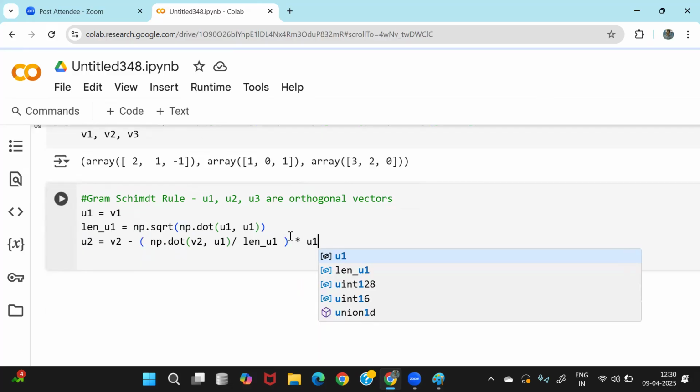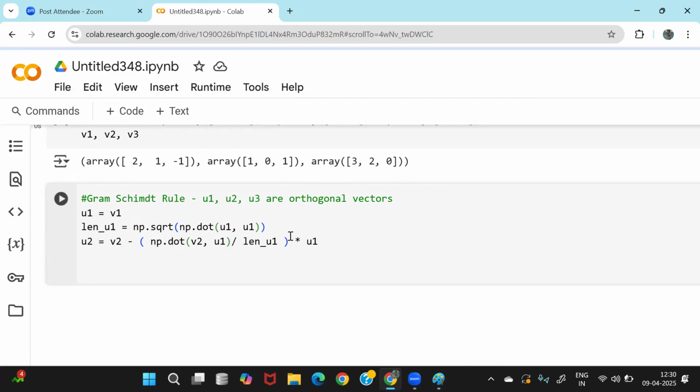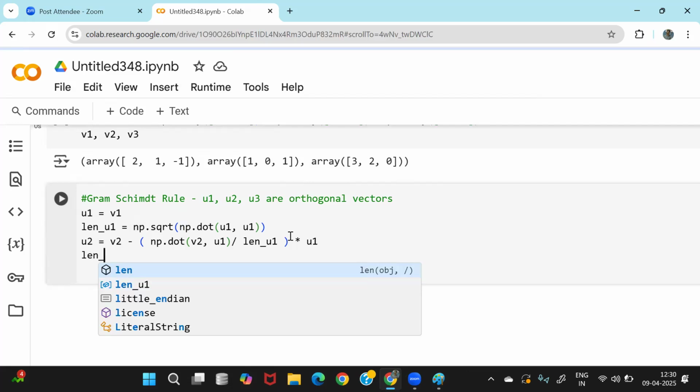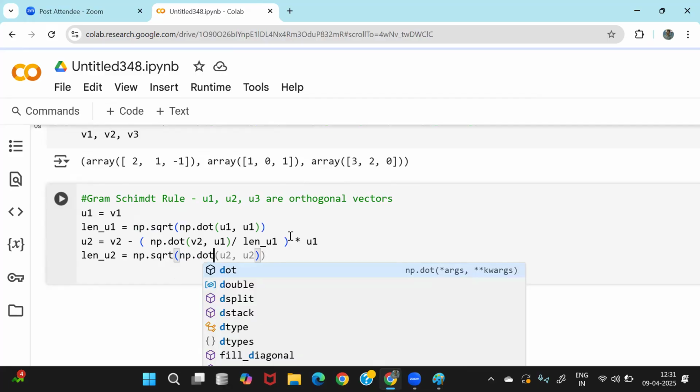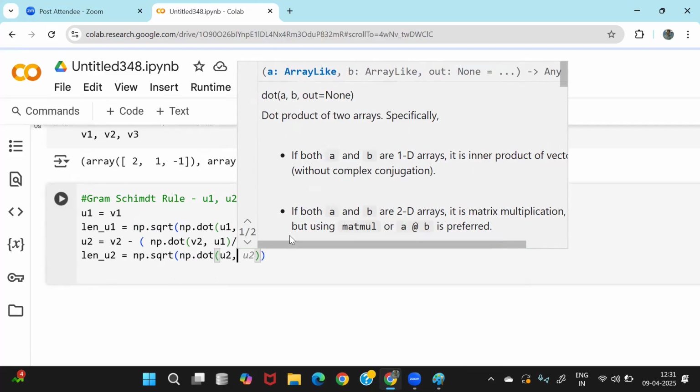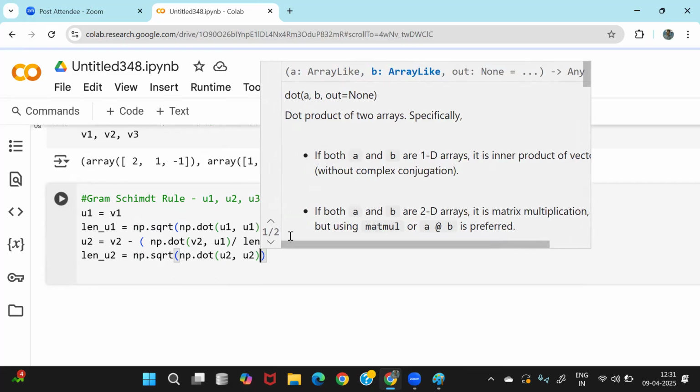Okay. Next, find out length of u2. It is square root of dot product of u2 with u2.